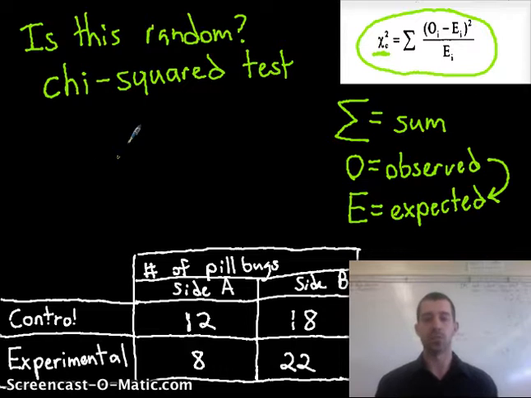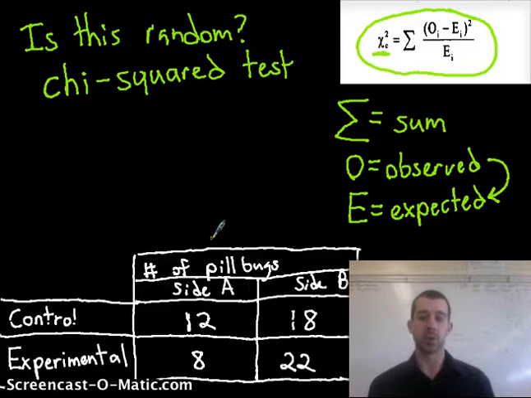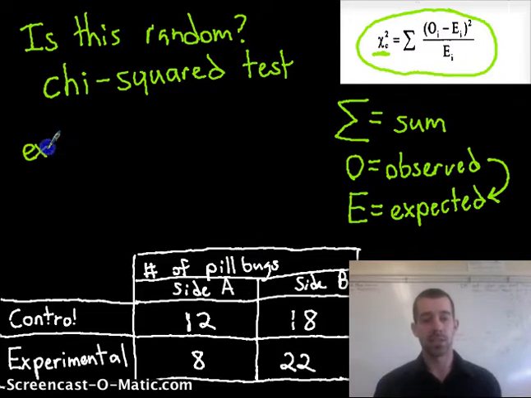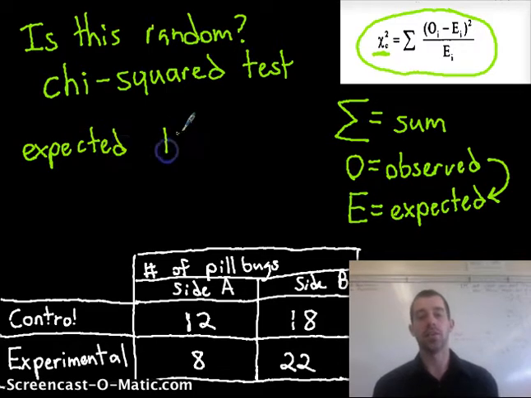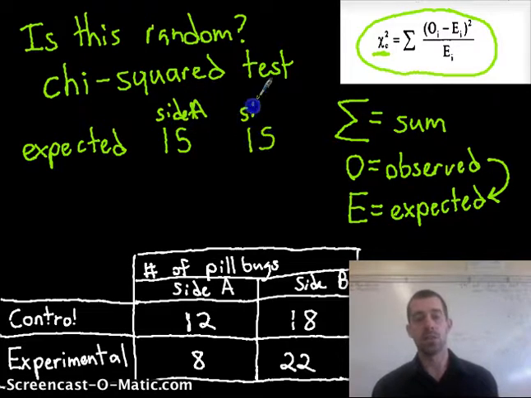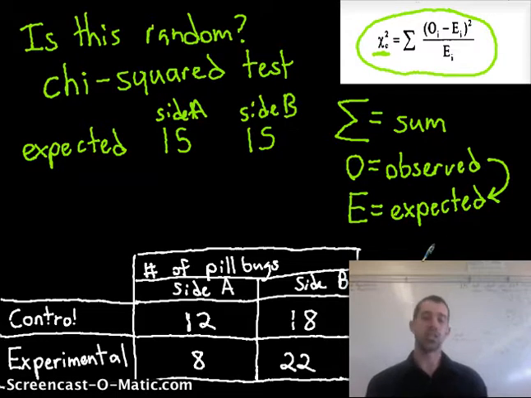Okay. So how do we figure that out? Well, first of all, we need to think about what did we actually expect? What we expect to have happen is if it's just random chance that the pill bugs are choosing side A or side B completely at random, we expect that half of the pill bugs would go to side A and half would go to side B. So it's expected that because there are 30 pill bugs, 15 would be on side A and 15 would be on side B. That's our expectation.